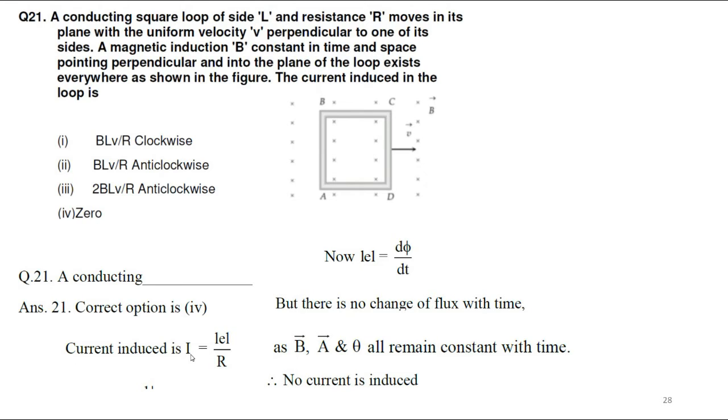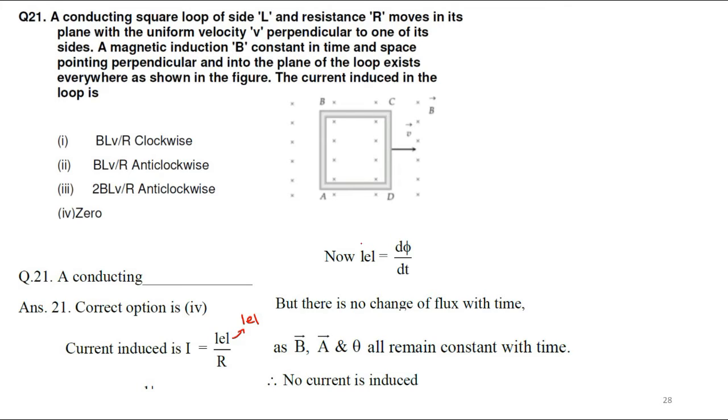Current induced is given by the formula I is equal to magnitude of E by R, because we know I is E by R, Ohm's law.